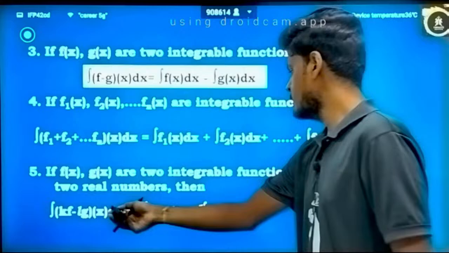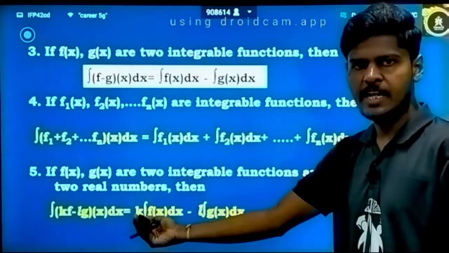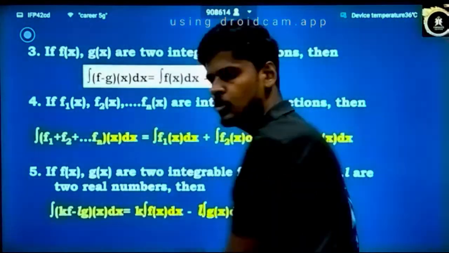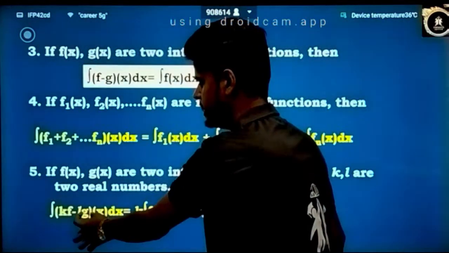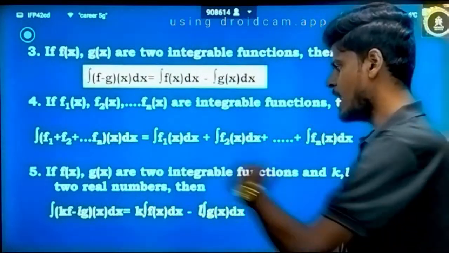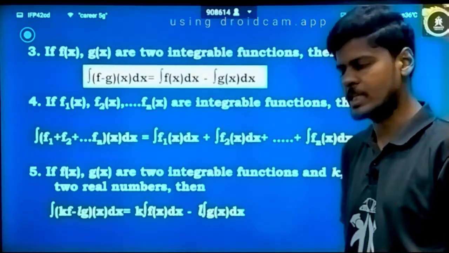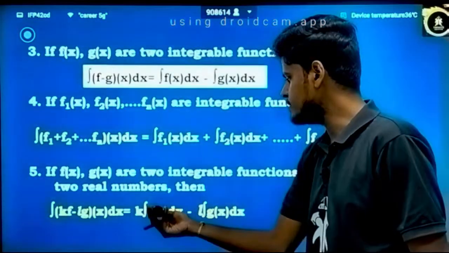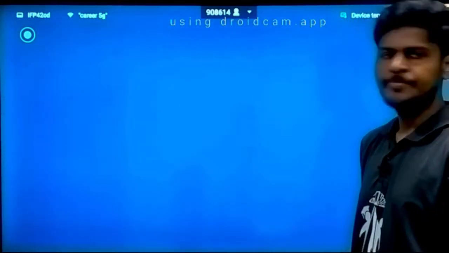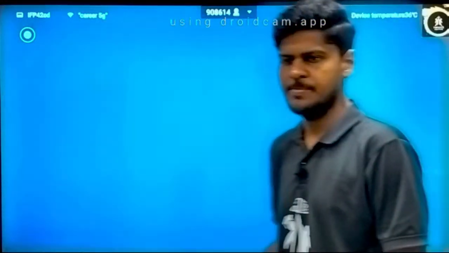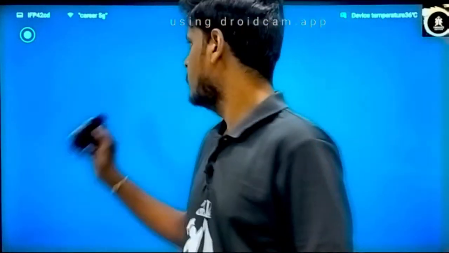First we can split this into two integrals. Then we will have integral of k f of x minus integral of l g of x. Again the constant can be taken outside the integral. So we will get k times integral f of x minus l times integral g of x. These are some basic algebraic properties for integration.